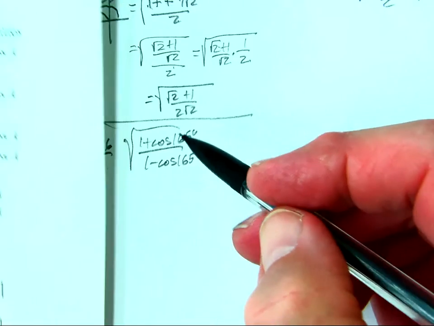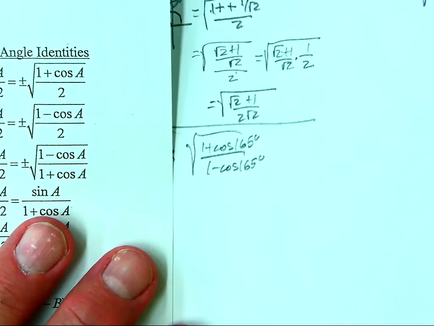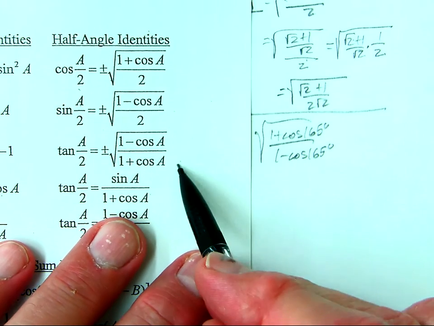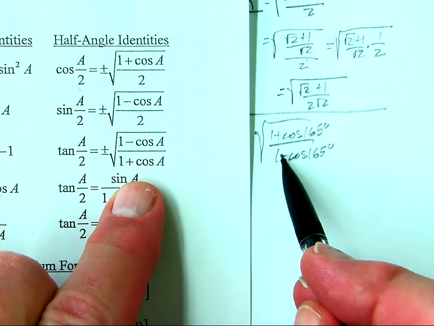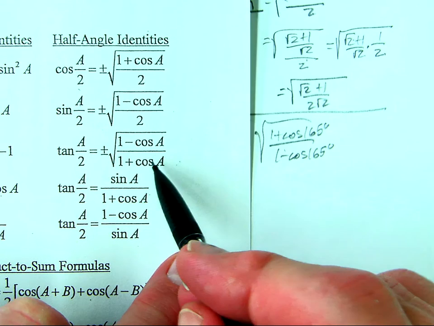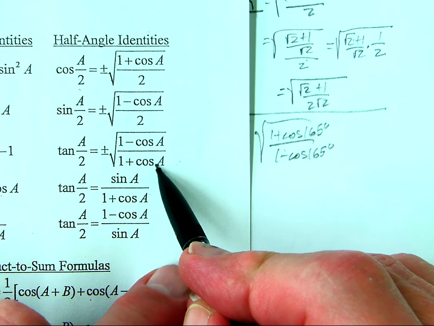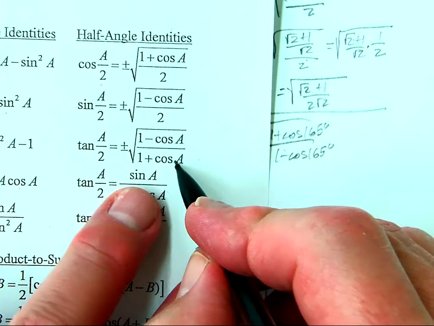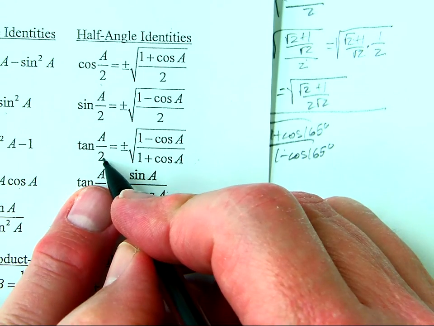Well, if you look at it, do you see that these two look very similar? But if you notice the pluses and minuses, they're upside down. So it matches this identity if we flip it over, which means we take the reciprocal. So this identity equals the tangent of A over 2.